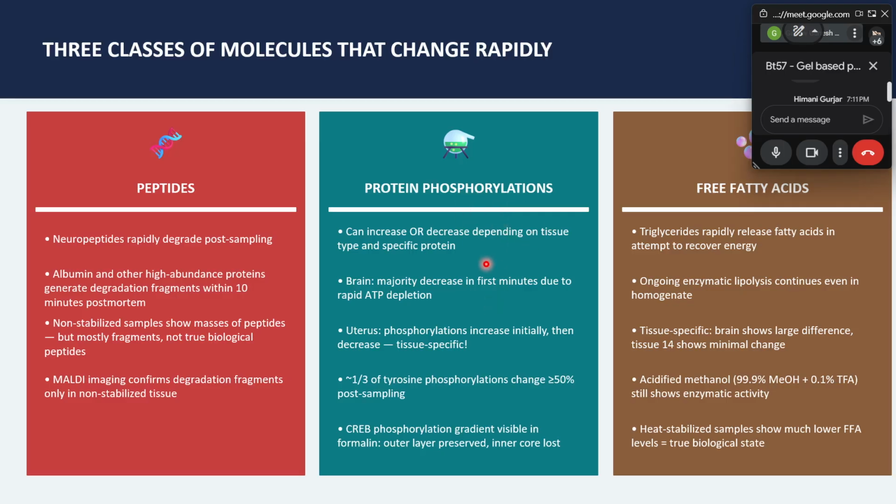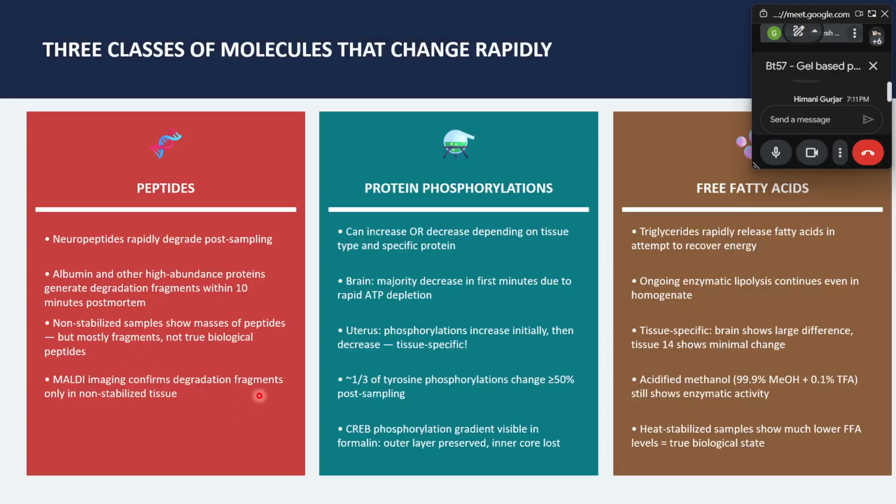The phosphorylation can increase or decrease, and accordingly mass spec will detect it in your sample. Similarly for peptides, neuropeptides rapidly degrade as soon as you take the sample. So if your study is based on neuropeptides, studying them will be much more difficult, because they generally get degraded as soon as you take the sample.